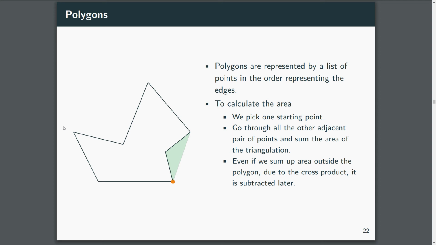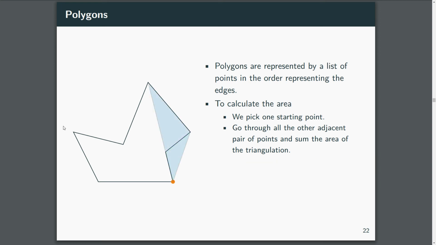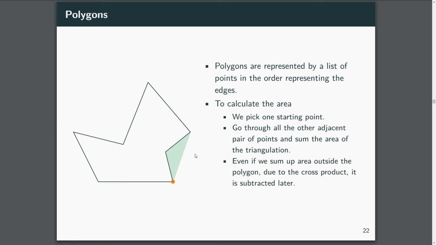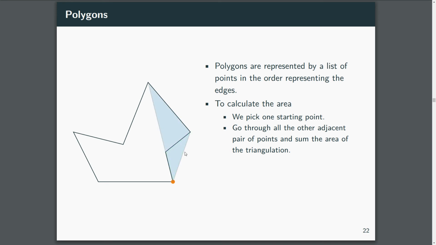So if you sum all these values up, you're going to get the total area of these four together plus the excess here, and then adding the positive number here, you are subtracting from the negative number here.